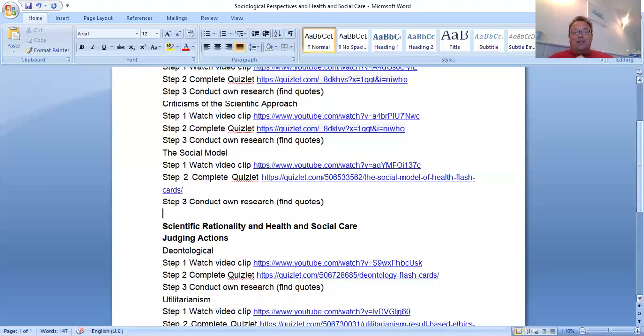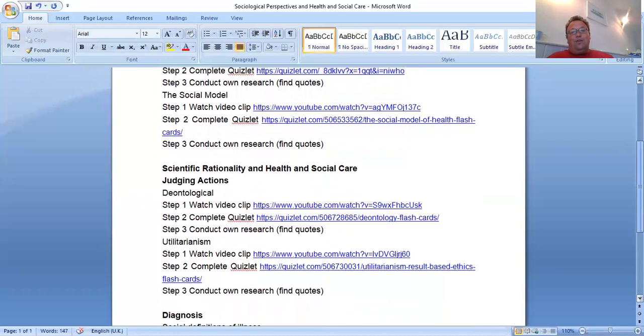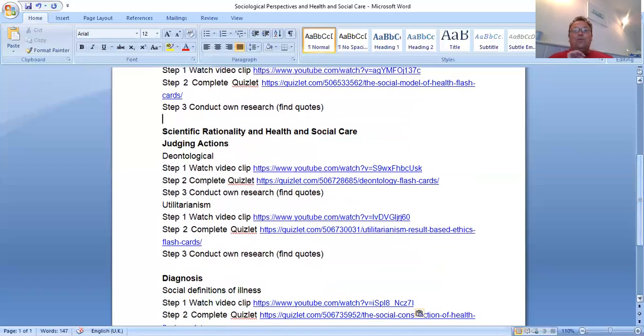In this case, we're looking at judging actions. And we're going to look at 2 rational ways of looking at decision-making and judgments. First of all, we are going to look at the deontological approach. This is one which is very much a rights-based approach and looks at the rights of the individual and sees them as more important than the potential outcome.